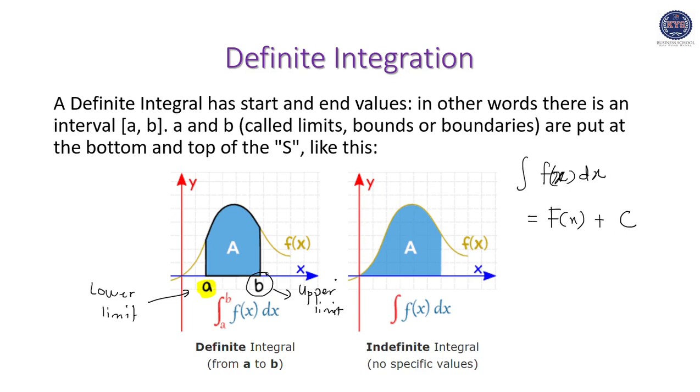But when we have limits, the plus c constant disappears, because we can identify what the boundaries are that we want. After we integrate, there is no need to put plus c, since we can substitute the values between a and b.